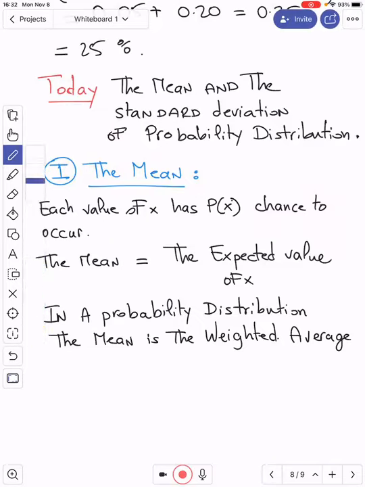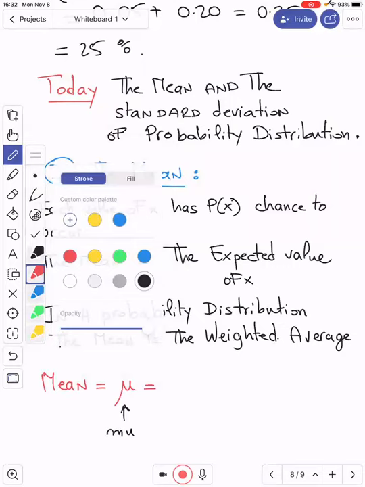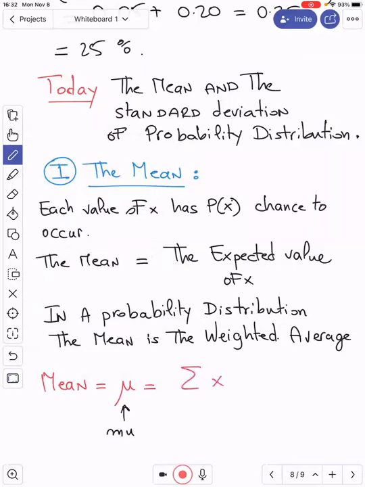I'm going to denote the mean of a population probability distribution by mu, a Greek letter. So mu is equal to the sum of X times the weight of X, and that will be P of X. So this is like the weighted average, X times the weight of X.